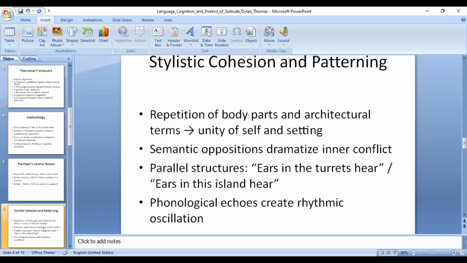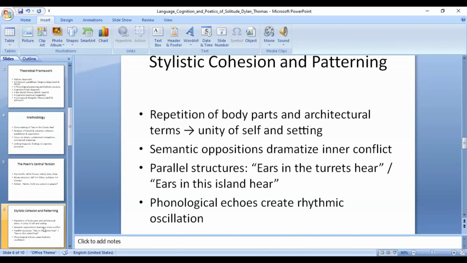These sound patterns enact the pulse of cognitive oscillation as if the phonetic fabric itself embodies the tension between resistance and release. Through these stylistic devices, Thomas constructs a poetic world where language is not merely a medium of description but a field of cognitive performance, mirroring the rhythms of thought, perception, and affect.